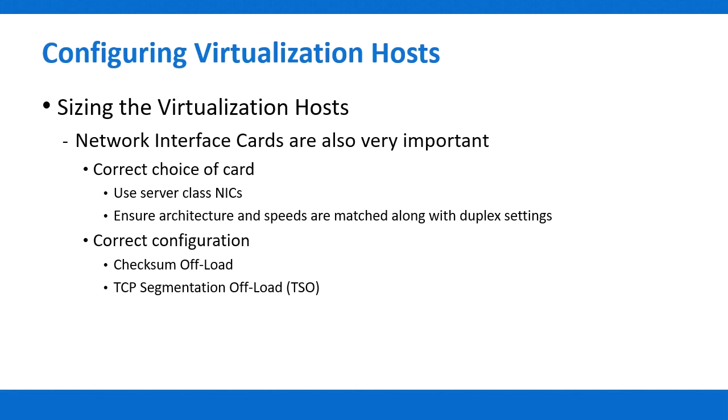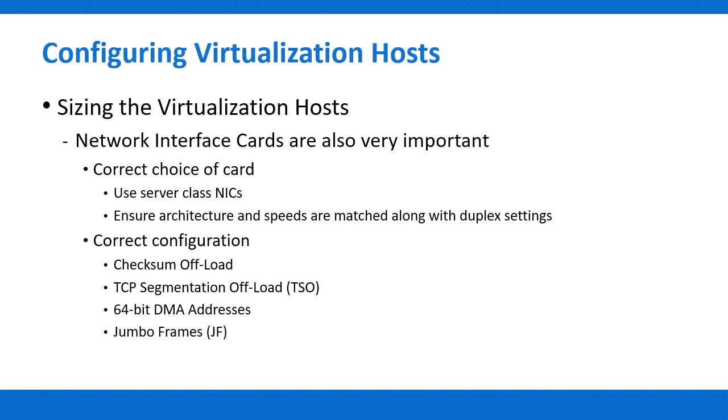TCP segmentation offload, also known as TSO, converts large chunks of data into smaller packets to be transmitted through the network. That's what segmentation is. Offload is, once again, putting it on the network controller as opposed to the CPU. 64-bit DMA, or direct memory access, permits high throughput and low latency networking.